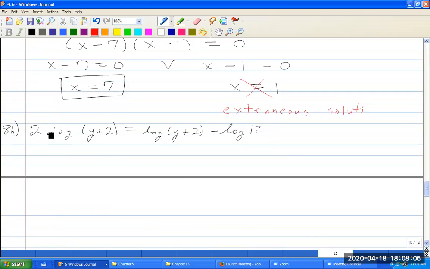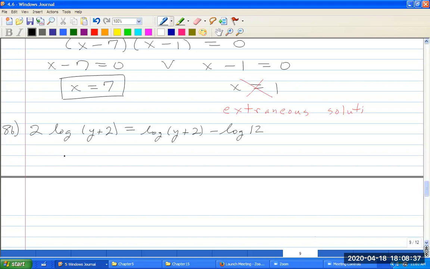So the equation is log of (y plus 2) is equal to log of (y plus 2) minus log of 12. Okay, so let me subtract log of (y plus 2) from both sides.